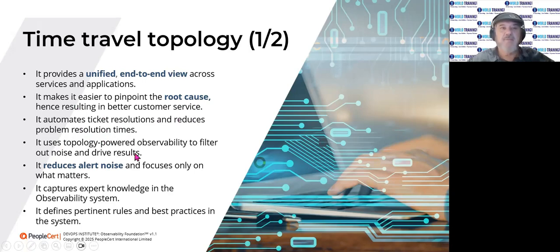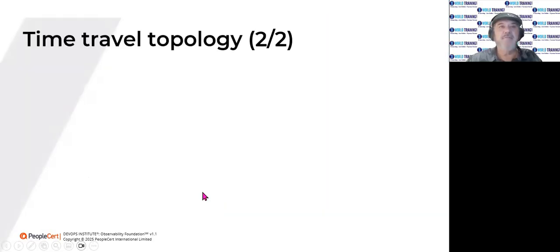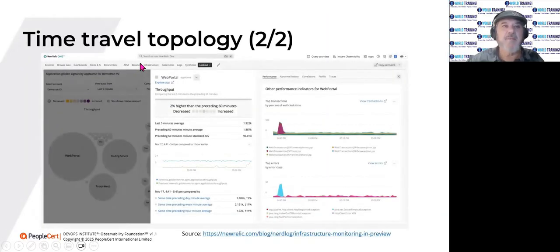It uses topology-powered observability to filter out noise, drive results, reduce alert noise, help you focus on what matters, capture expert knowledge in the observability system, and define pertinent rules and best practices within the system. In this way, it helps shorten the time for diagnostics and problem solving. This is an example screen from a New Relic tool that gives you time relationships for activities across the topology.